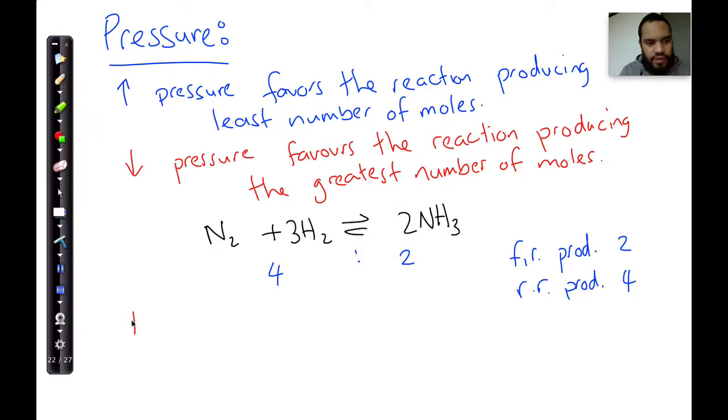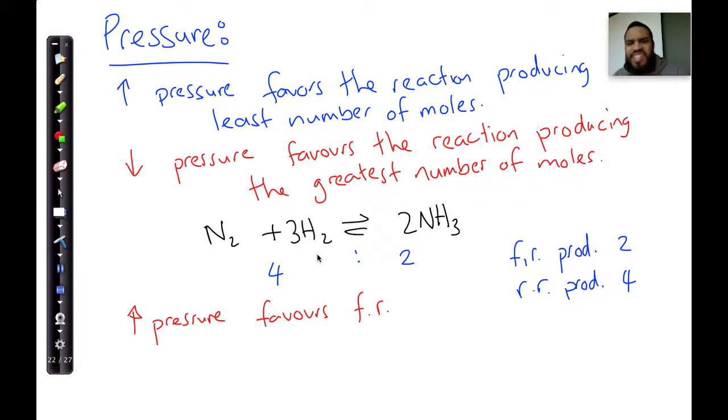Now if I up the pressure for this specific example, it will favor the forward reaction. Why? Because the forward reaction produces fewer moles. And how do you say this?